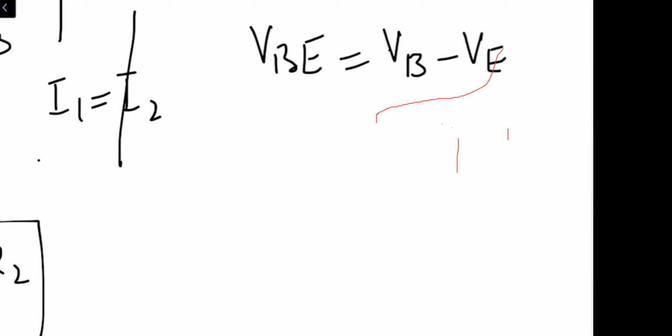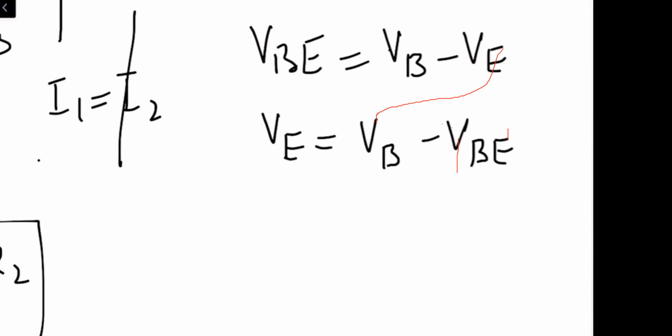Or we can say VE is equal to VB minus VBE, right?